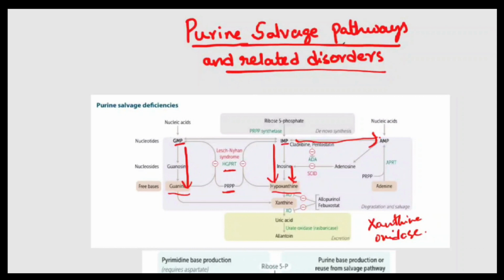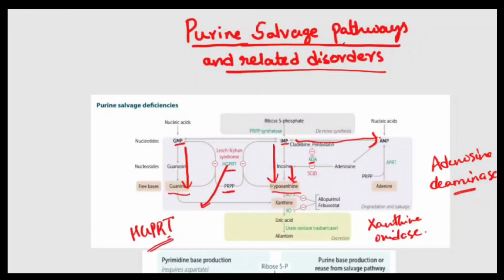This adenosine converting to inosine is mediated by an enzyme called adenosine deaminase, and conversion of guanine and hypoxanthine to their respective nucleotides is mediated through hypoxanthine guanine phosphoribosyltransferase.